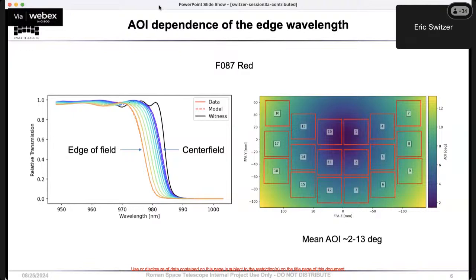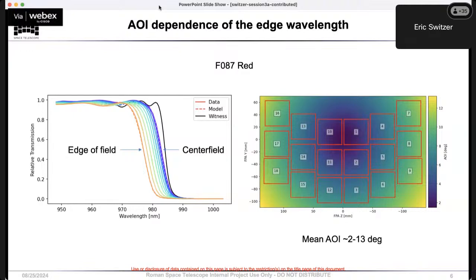And as you go from the center of the field to the edge of the field, the edge shifts shortwave. The other aspect of having the variations across the coating is that the variations in the diffuser illumination that weights the coating in the test need to be considered in detail. I'll talk about how that's handled in an upcoming slide.